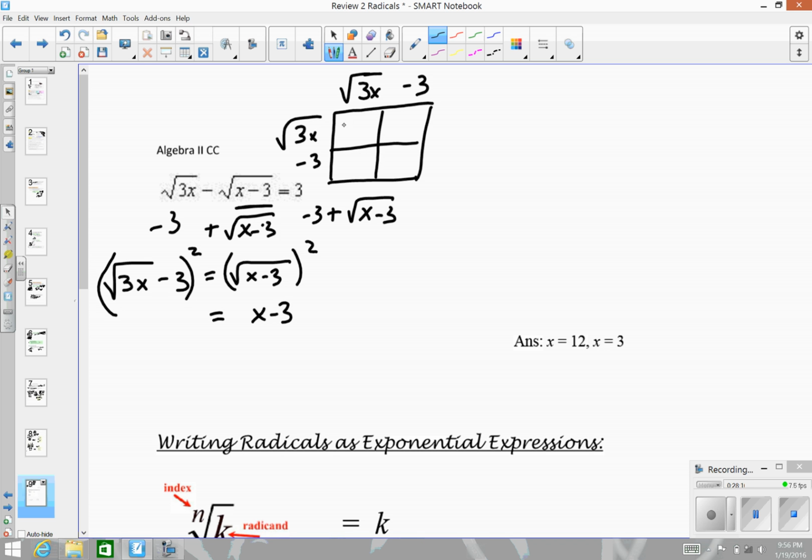All right, this gives me 3x here minus 3 radical 3x, another minus 3 radical 3x, and then a plus 9. So I am getting a trinomial that looks like 3x minus 6 of these radical 3x's plus 9. All that is going to be equal to x minus 3.